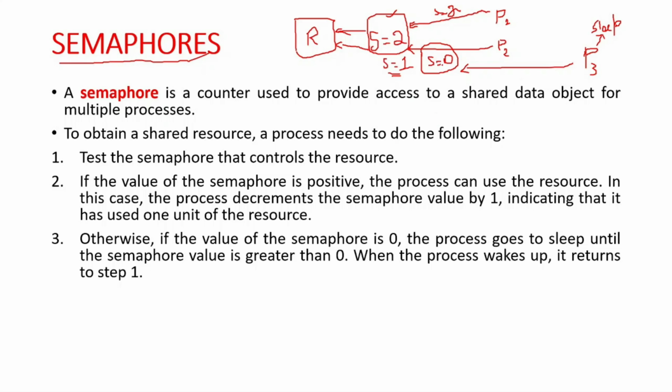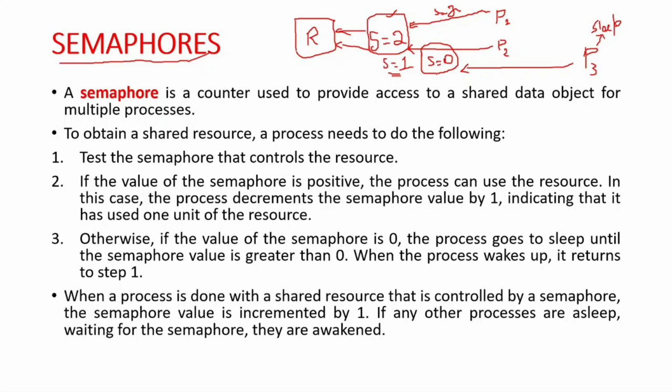But now the question is, when does the value become greater than 0? Let us see. When the process is done with the shared resource that is controlled by the semaphore, the value of the semaphore is incremented by 1. Assume that P1, which was currently accessing the resource R, is done with it.